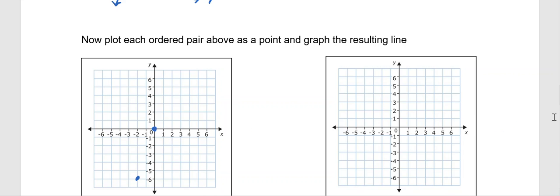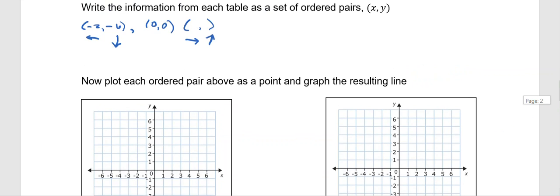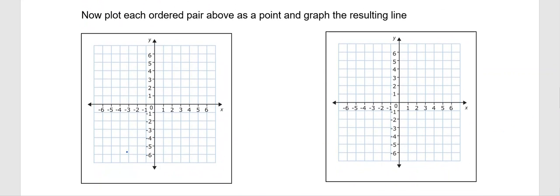And then our last point, we'll just go back and double check, is 1, 3. And you notice I'm having some trouble with my points actually staying. So I want you to plot those points.